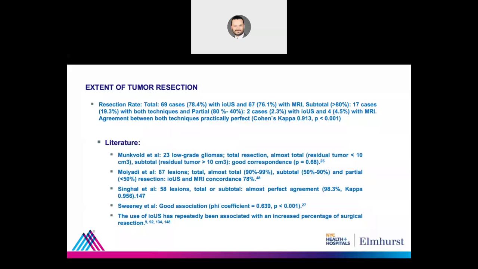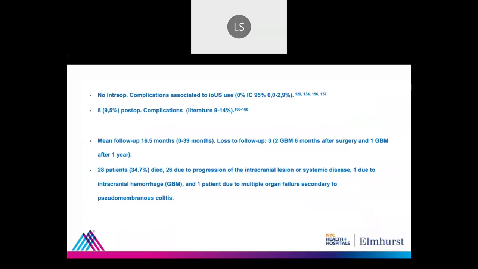And then of course we didn't have any intraop complications associated with the use of intraoperative ultrasound. You can argue that it even decreases, or at least doesn't increase, the surgical time in a significant manner. And if you compare it with other techniques like the MRI, it helps to decrease the surgical time.